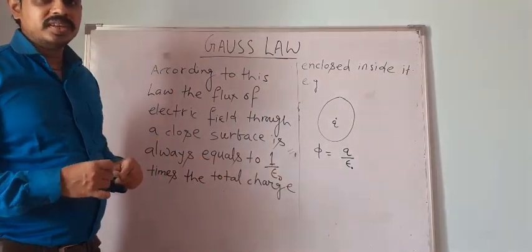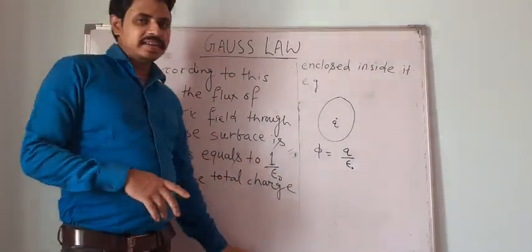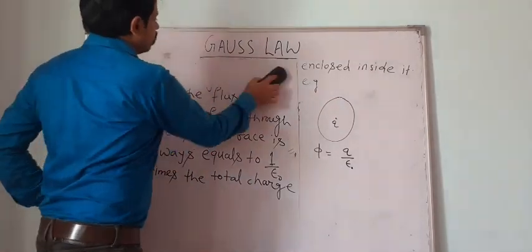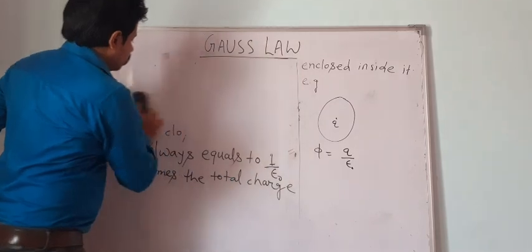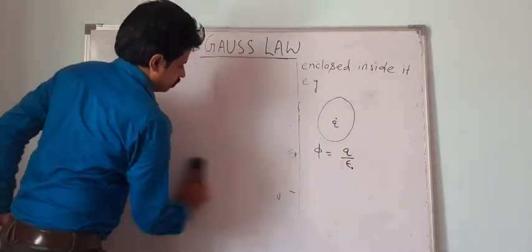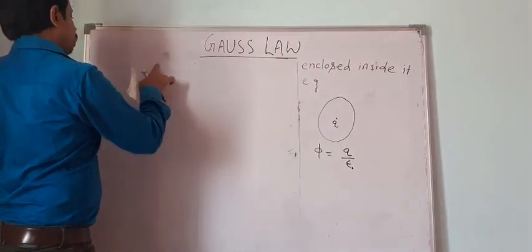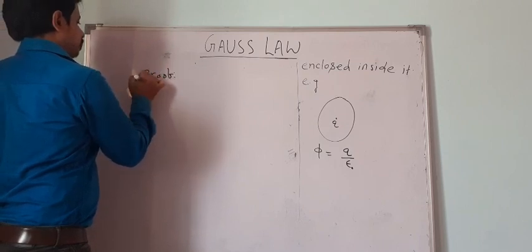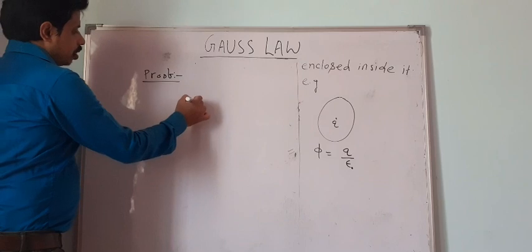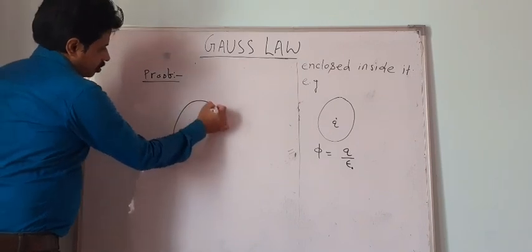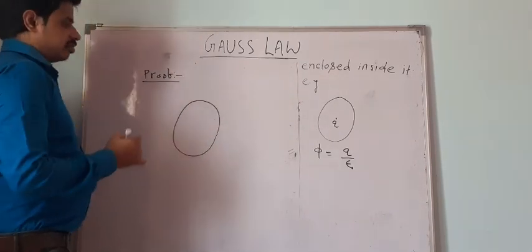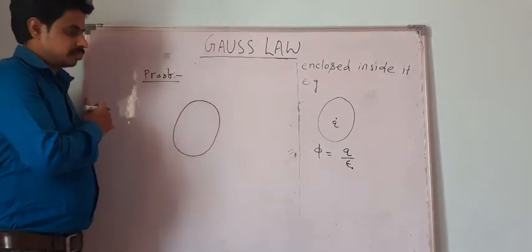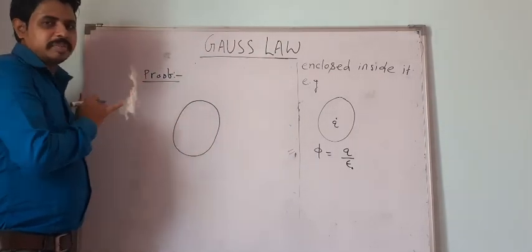Now we will prove this, how this is valid. We will check its validity. So proof. Suppose we have a random shape closed surface. There is no fixed geometry.